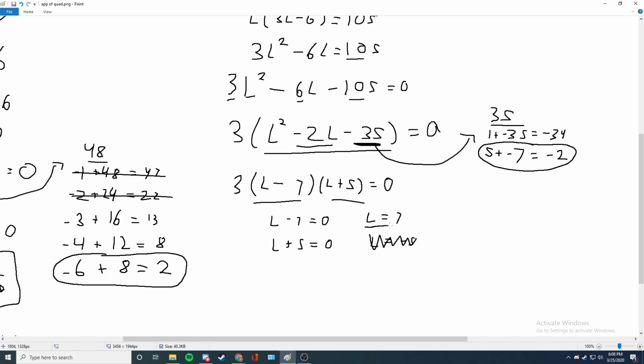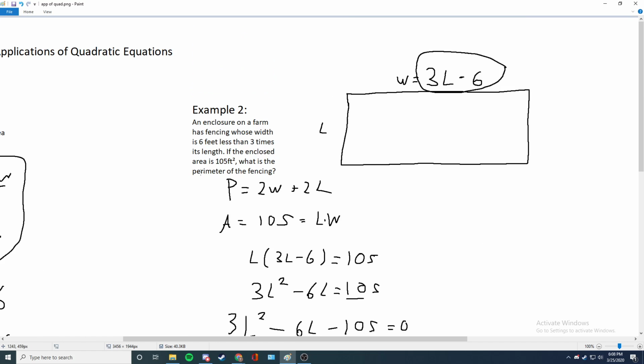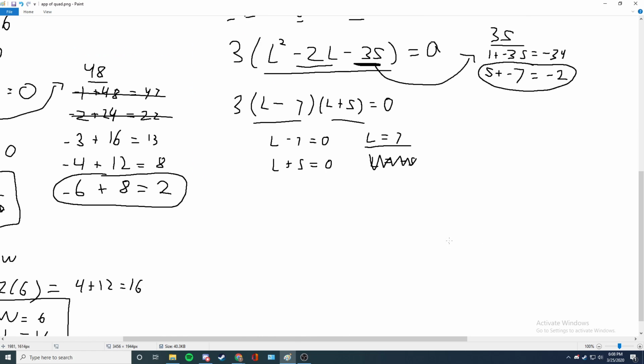So in this case, our length is 7, and we need to figure out the perimeter, remember. So we also need the width. Since the width is 3L minus 6, that means the width is 3 times 7 minus 6, which is equal to 21 minus 6, or 15 feet.